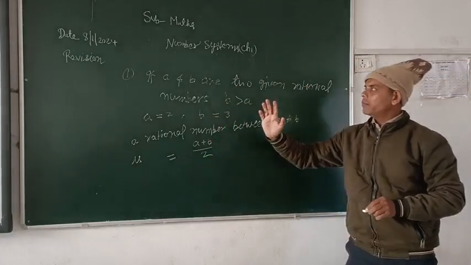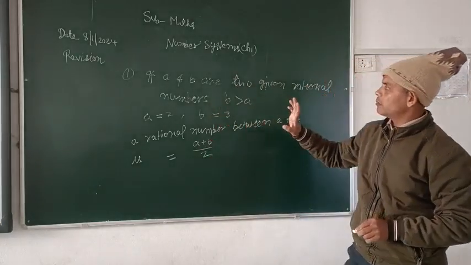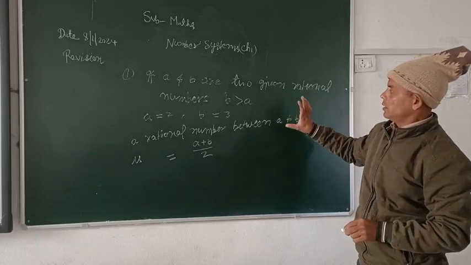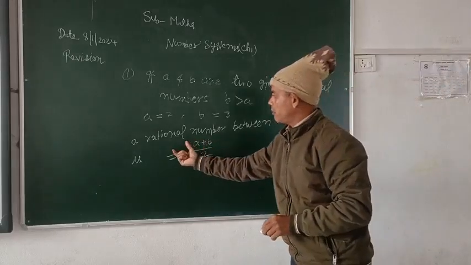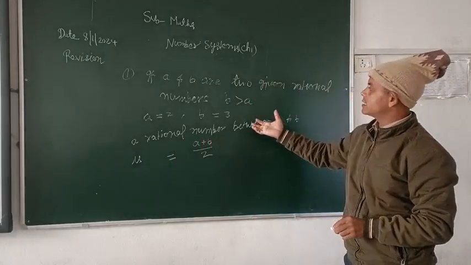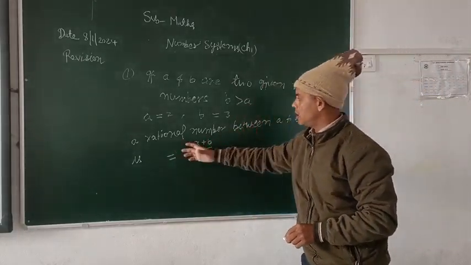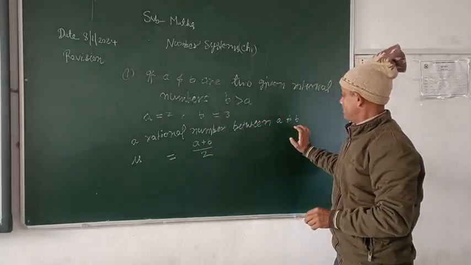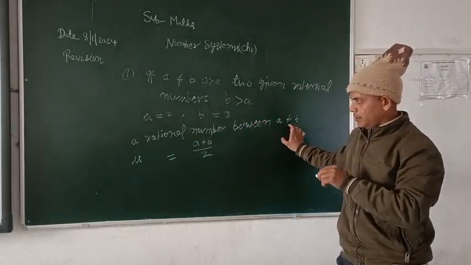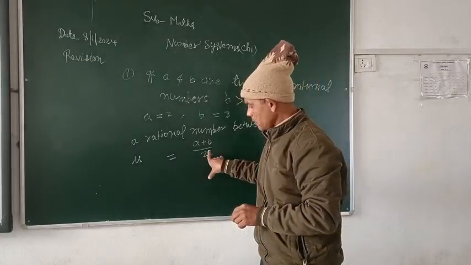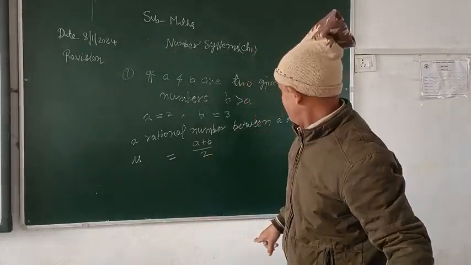Okay. If we have two rational numbers and find out a rational number between them, then we apply this formula, but condition is that B is always greater than A. So a rational number between A and B is A plus B by 2.